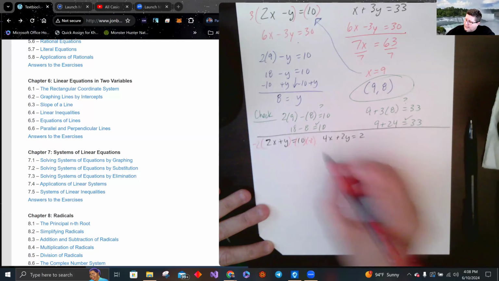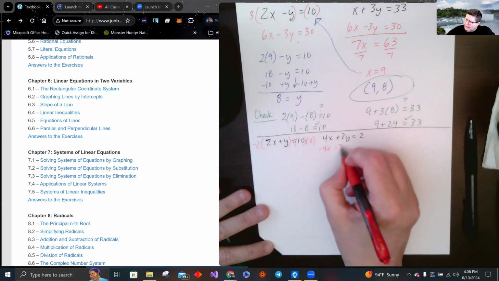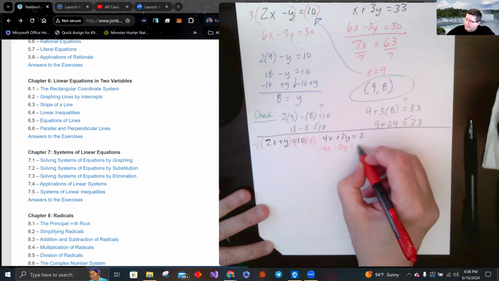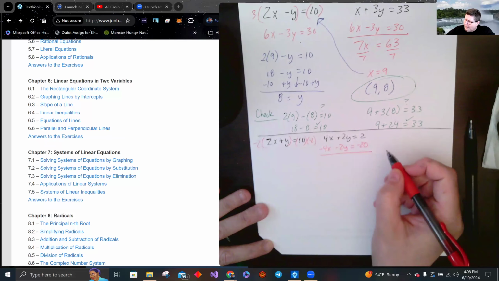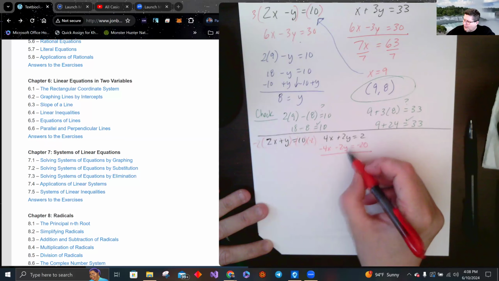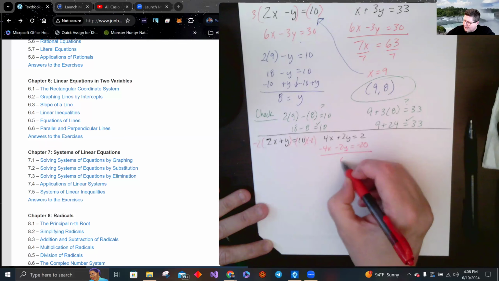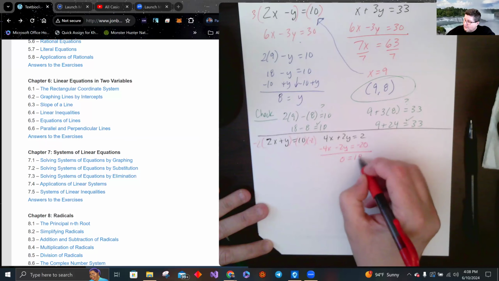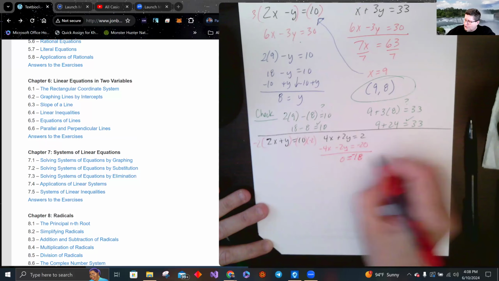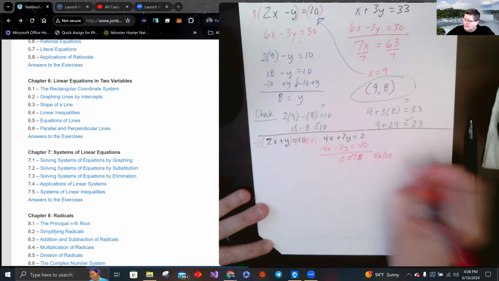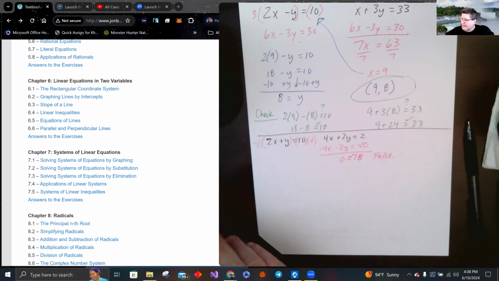If I do, I get -4x minus 2y equals -20. And when I add them together, I did it to get rid of the y's, but it looks like I got rid of the x also. 0 equals -18, which is false. This system has no solution.